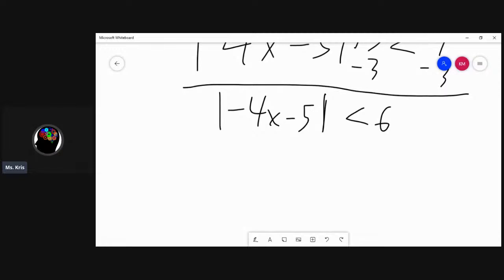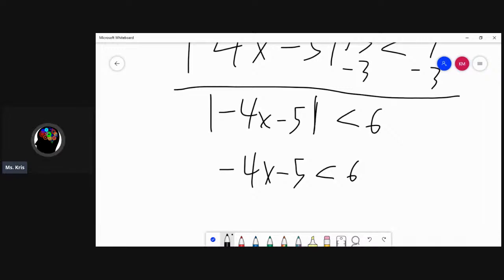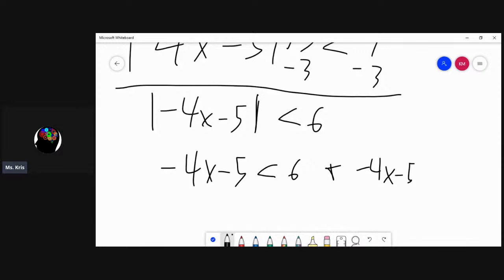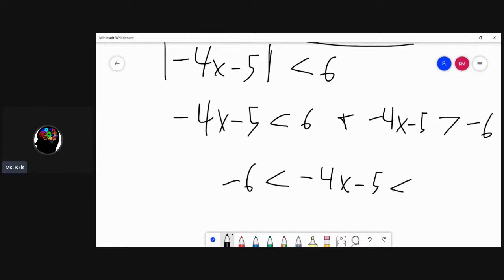Once I have that done, then either negative 4x minus 5 is less than 6, and negative 4x minus 5 is greater than negative 6, or negative 6 is less than negative 4x minus 5, which is less than 6.